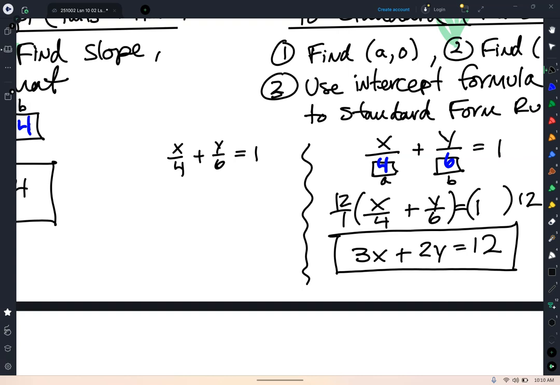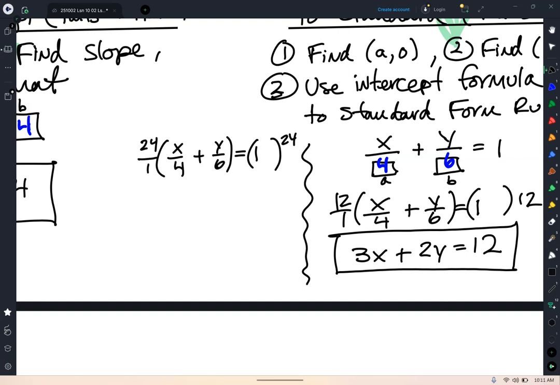Now I'm just going to pick some number to multiply by, about like 24. Why? Because 24 will blow out both of those fractions. It doesn't matter what number I use, as long as it's a common multiple.